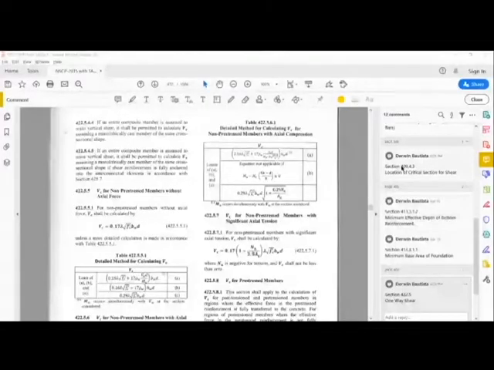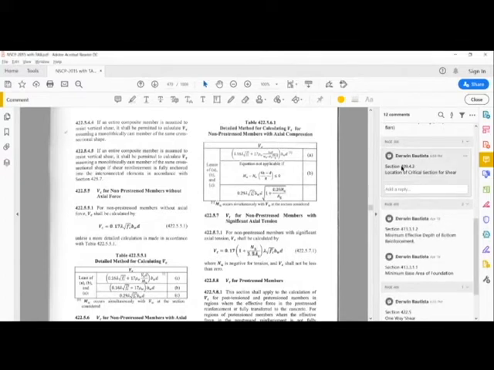Okay, so here's the one-way shear. You know that one-way shear is also called the beam shear. Therefore, we are going to analyze our footing like it is a beam.